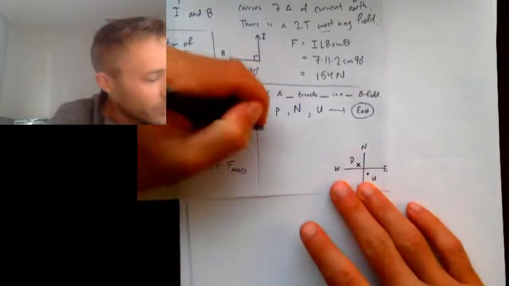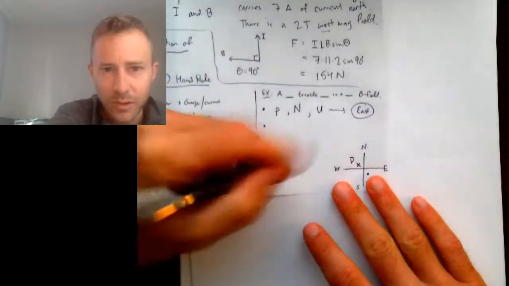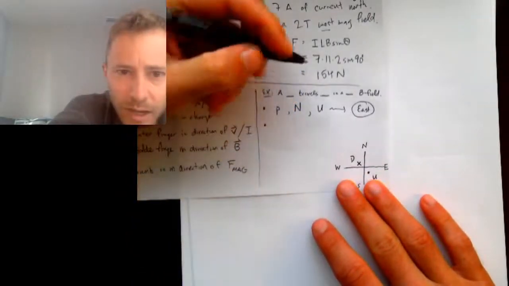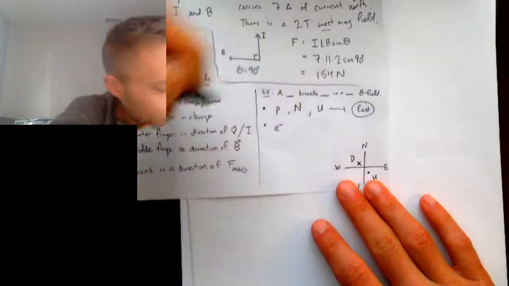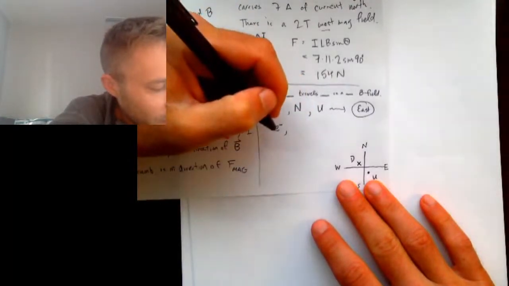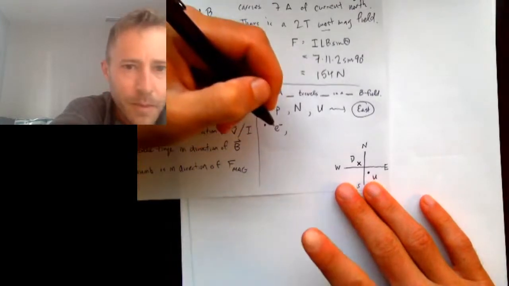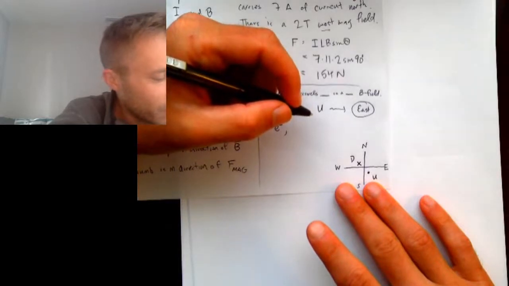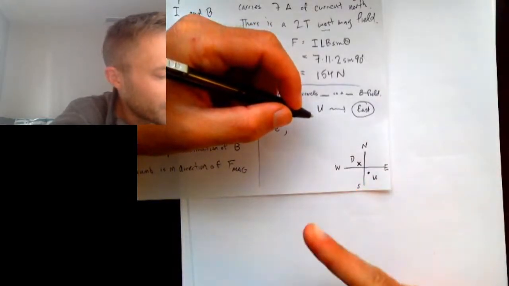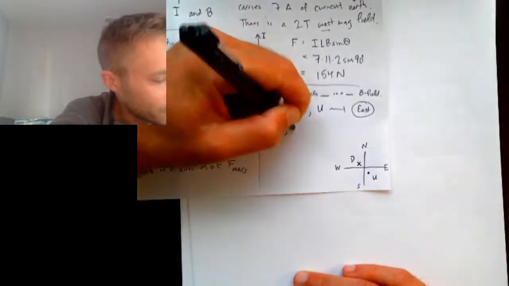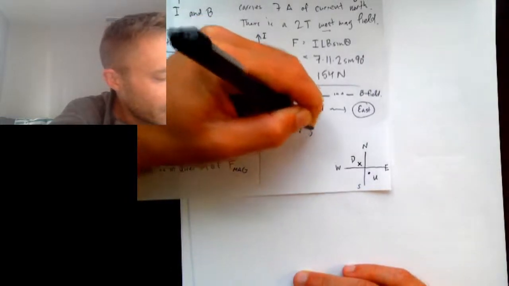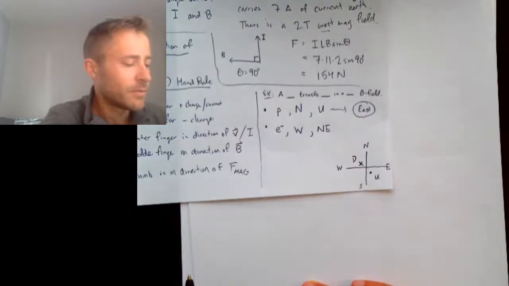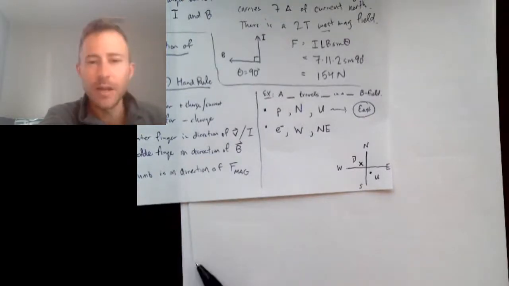So now let's do another example, and this is getting a little crowded, so I'm going to flip the page over after this example. Let's suppose we have an electron traveling west in a northeast magnetic field.